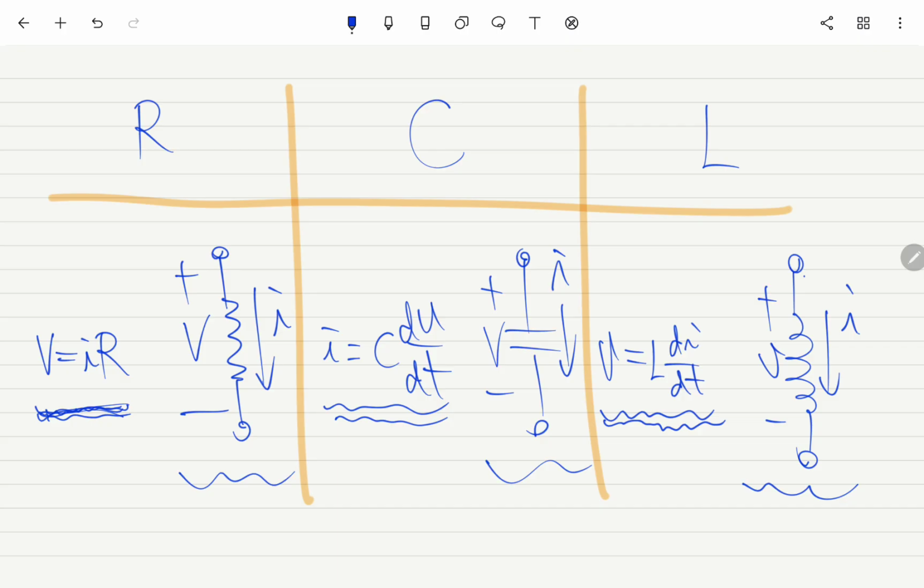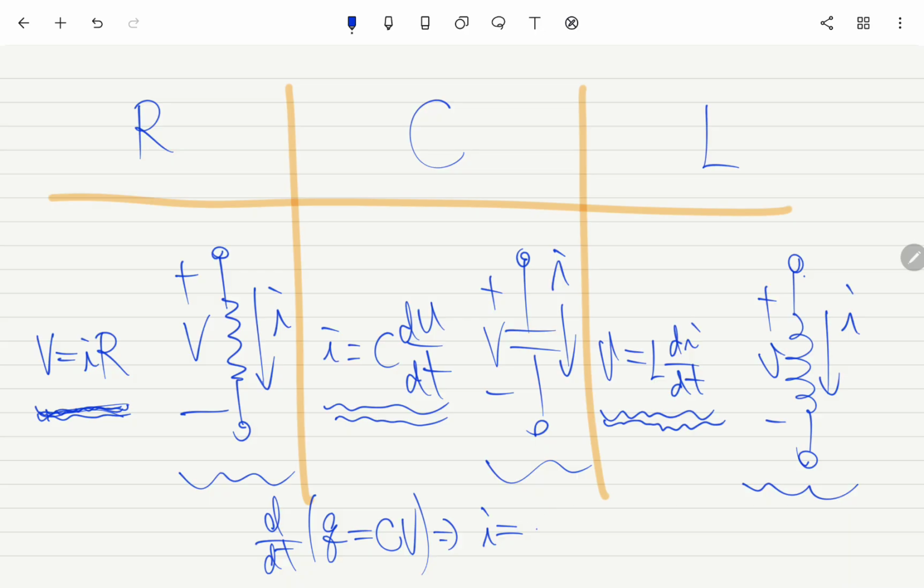So this is a resistor. And then for the capacitor, you may say I have not talked about that before, but actually you have learned that Q equals C times V. If we take the derivative on both sides, dq dt is the current, by definition.